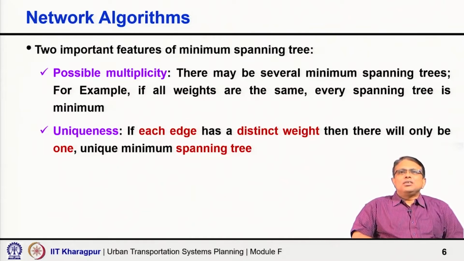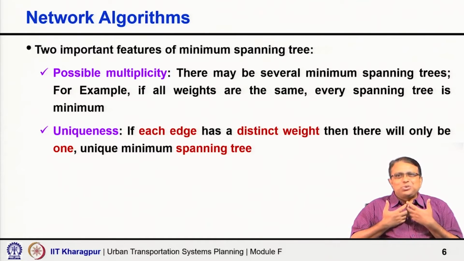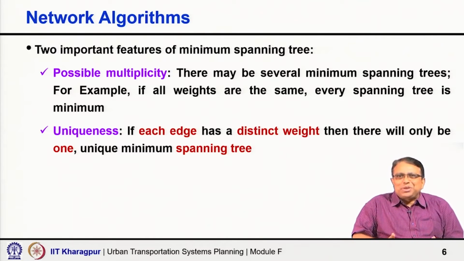Just consider that theoretically speaking, the cost of every link is the same. So, there are multiple solutions, because every spanning tree is a minimum spanning tree, and I can have so many alternative minimum spanning trees. So, possible multiplicity is there.